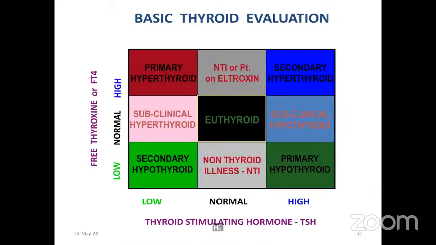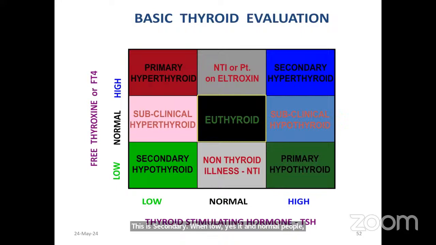Next, this is the simplest form of how to interpret the thyroid functions, mainly free thyroxine level and TSH level. So let us see from this side, if any person has low TSH level and low T4, this is secondary hypothyroidism. When low TSH and normal T4, it is subclinical hyperthyroidism.